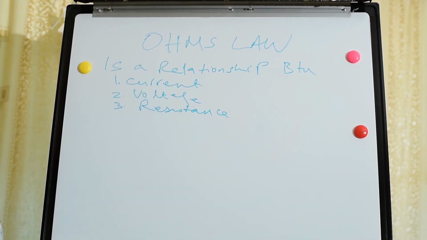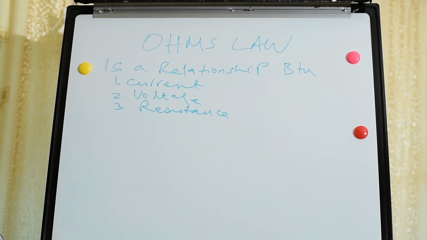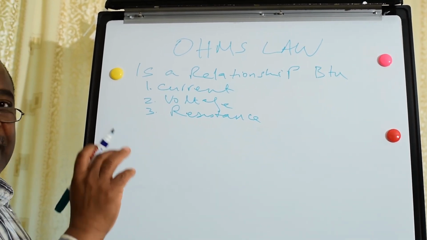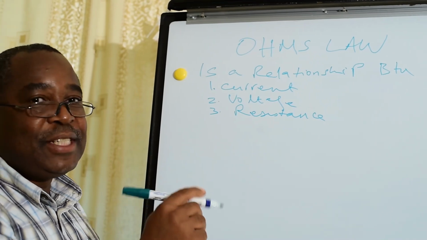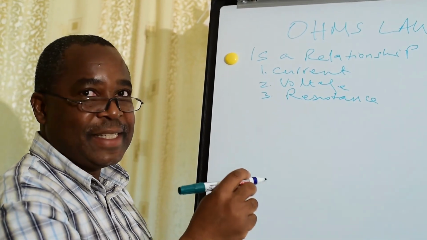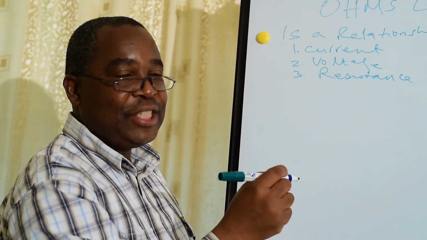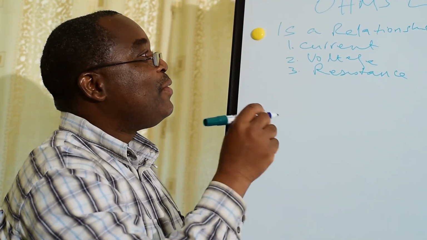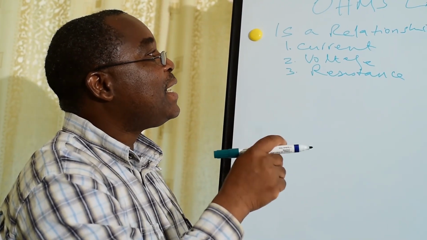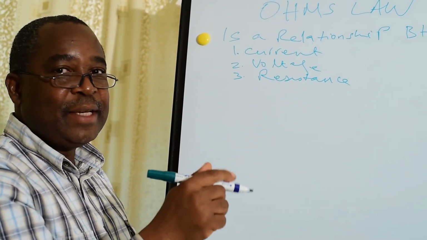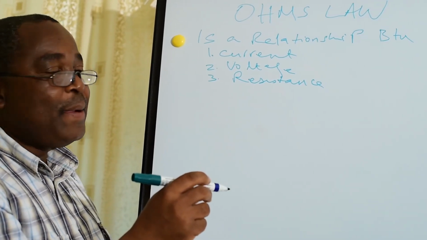Very simple. Ohm's law is the relationship of those 3 items: current, voltage, and resistance. Now let's see the relationship of voltage, current, and resistance in terms of algebra.